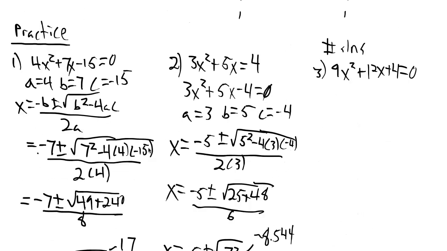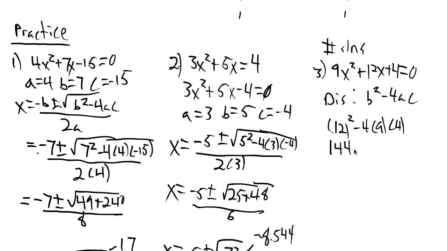And then for this third one, we are looking for the number of solutions. So we're going to use the discriminant. Remember, the discriminant is b squared minus 4ac. So our discriminant is 12 squared minus 4 times 9 times 4. 12 squared is 144, and 4 times 9 times 4 is 144.